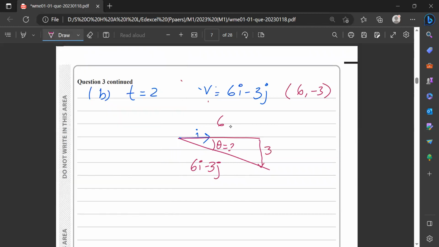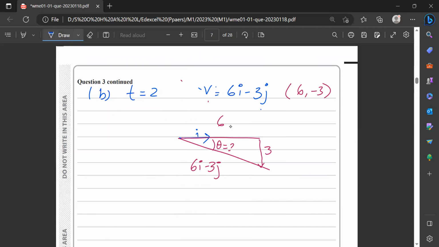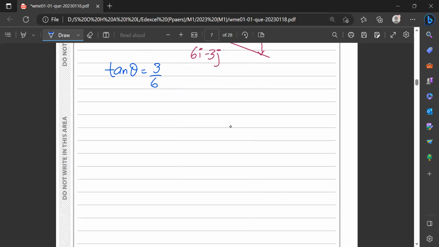So you can simply recall the tan ratio: opposite over adjacent, or perpendicular over base. So here I can write the working for part B. Tan of theta is equal to 3 upon 6, and theta is equal to tan inverse of 3 over 6.